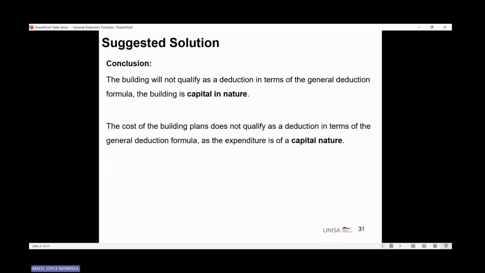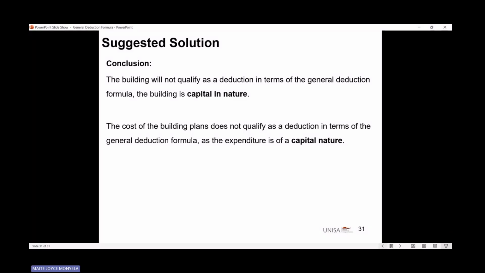So the building will not qualify as a deduction in terms of the general deduction formula, section 11 of the Income Tax Act, because it is of capital nature.